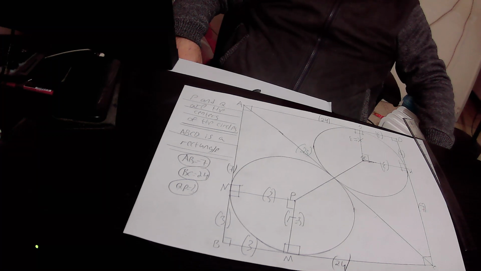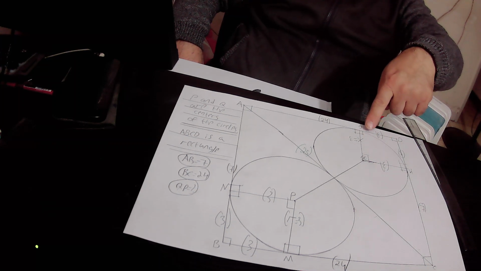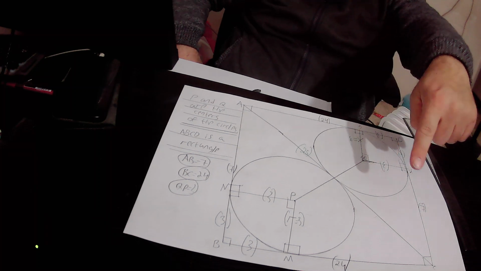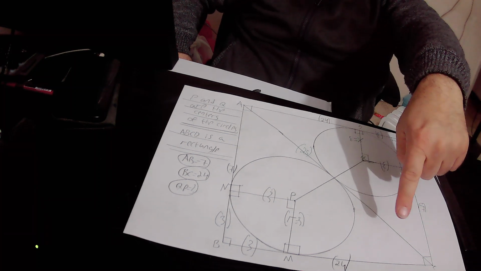In the next step, we will extend the radius GQ of this circle by a straight line until it touches side BC of the rectangle ABCD.